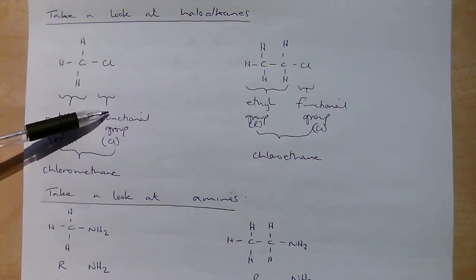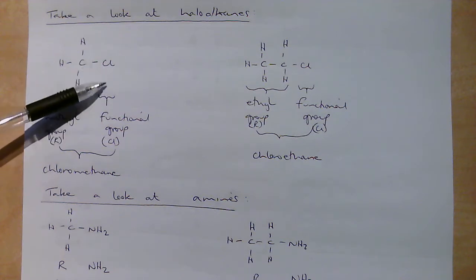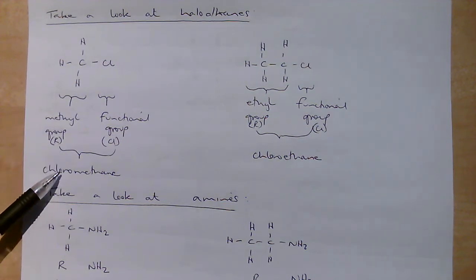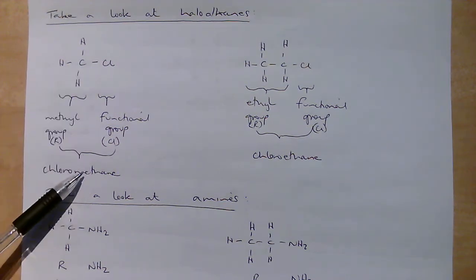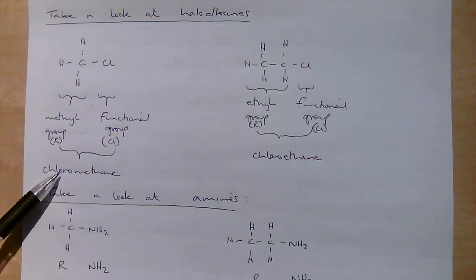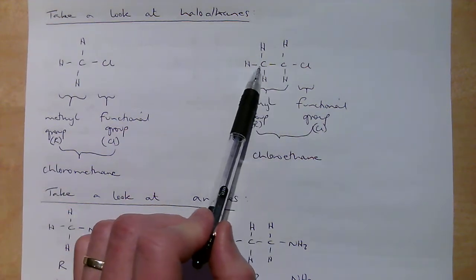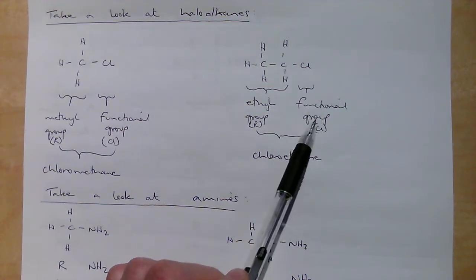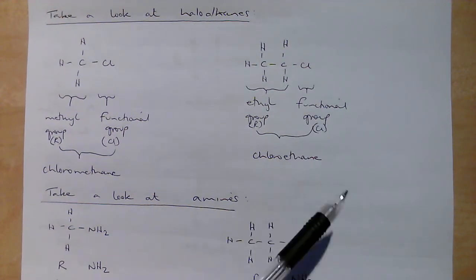The Cl is my functional group, so the Cl determines the chemistry of this molecule, the chemical reactions. That's called chloromethane because it's one carbon, meth, attached to a chlorine. My alkyl group here is meth-eth, so it's ethyl, attached to a chlorine functional group, so it's chloroethane.